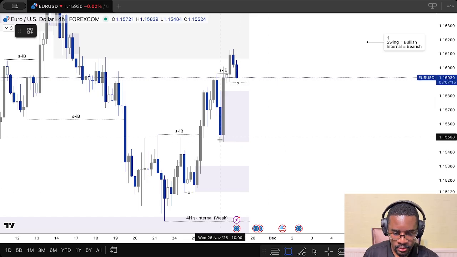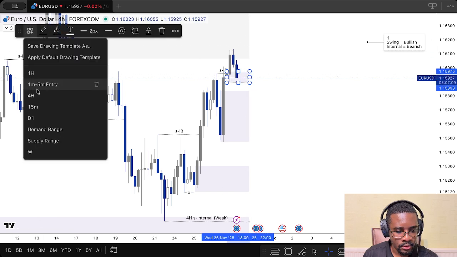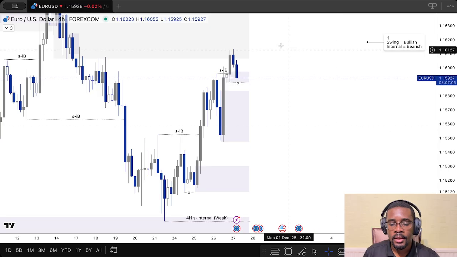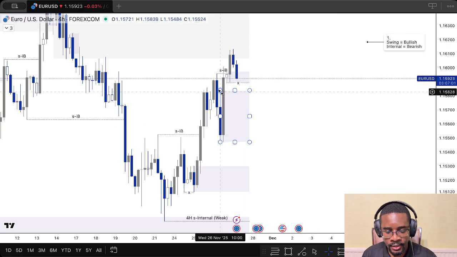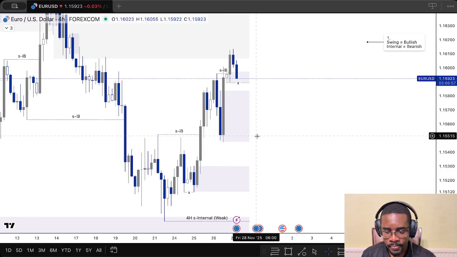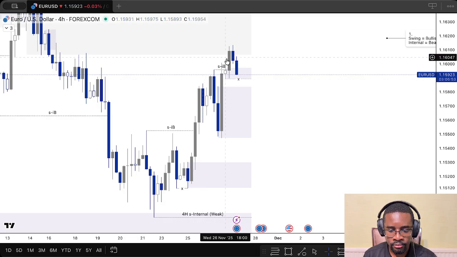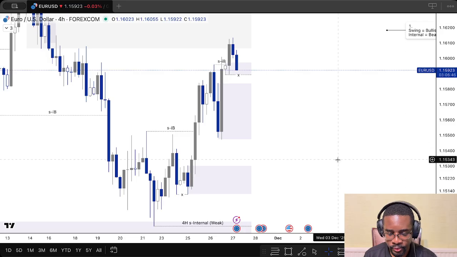Whilst this is a demand area on the 4 hour, I'm expecting it to be run over. I'm expecting that to be run over because from a liquidity standpoint, we do not have any liquidity to rest on, right?